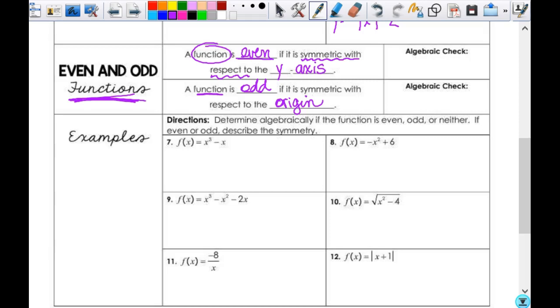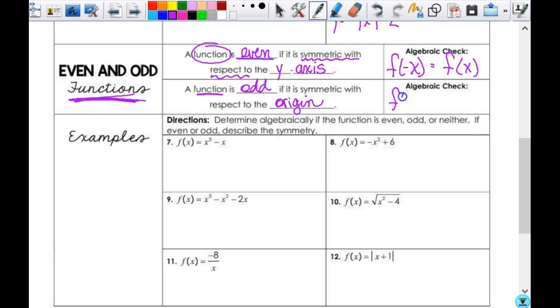Basically, there's 3 sets of work for every single question because you have no idea what the answer might be. But that's not what's going to happen here because we only have 2 anyway. So the algebraic check is that we're going to look for f of negative x. And when we substitute negative x in, once we simplify it, if we get f of x and it's the same as what we started with, it's an even function.